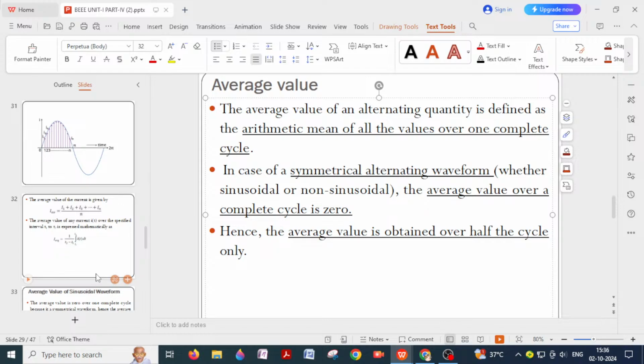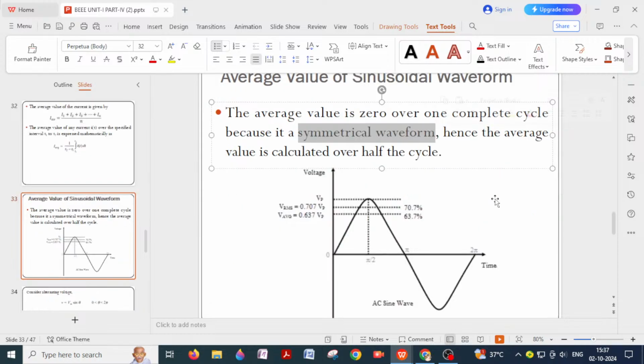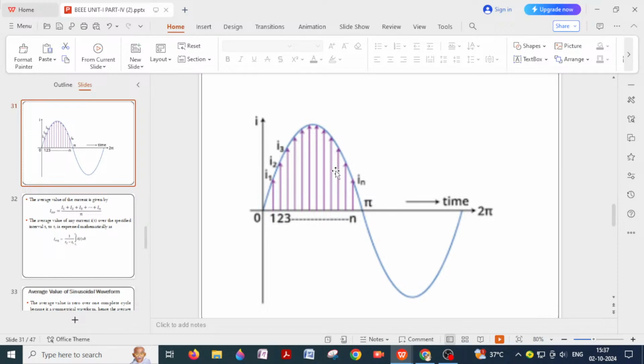I want to determine the average value of this sine wave, and since it is symmetrical in nature, instead of considering one complete cycle, I am going to consider only the half cycle because of its symmetry. As I said, if you divide the half cycle into n parts, then you can calculate the average value by this formula.